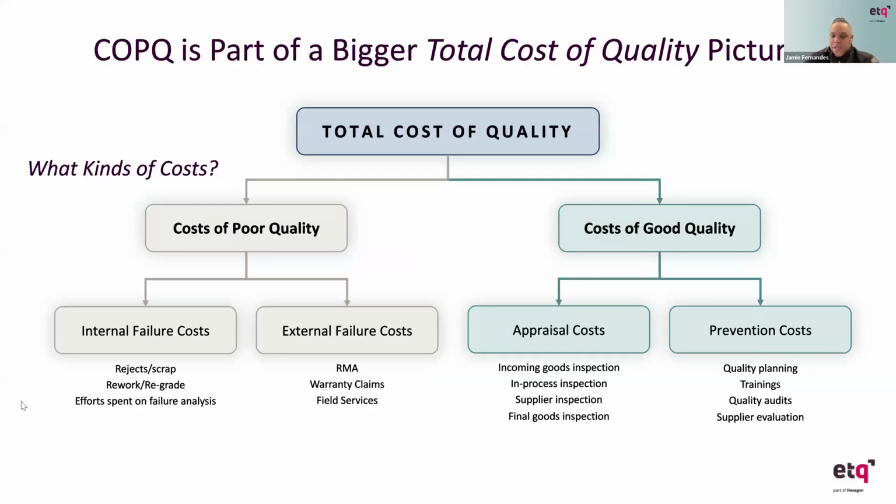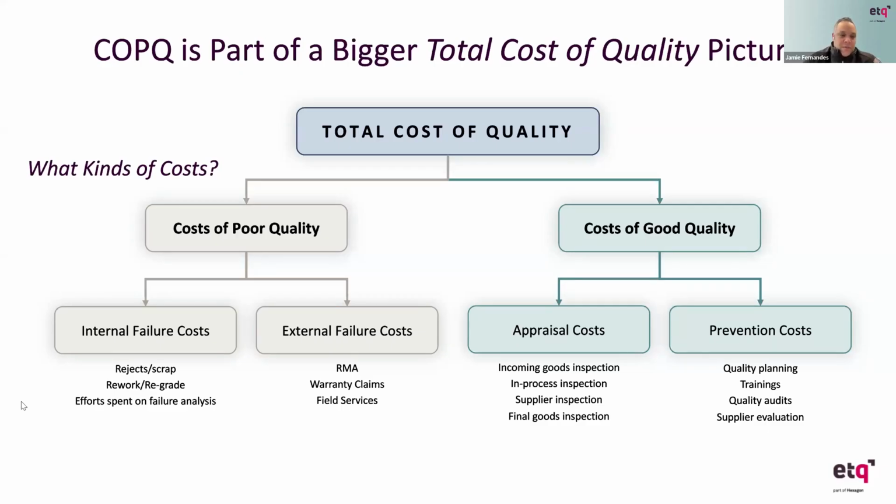So, let's look at those costs. Two categories, and you're probably well versed in these. Based on the poll answers, we saw like 55% of those costs are related to internal failure costs, as far as what you had outlined on the poll, and that's a lot.